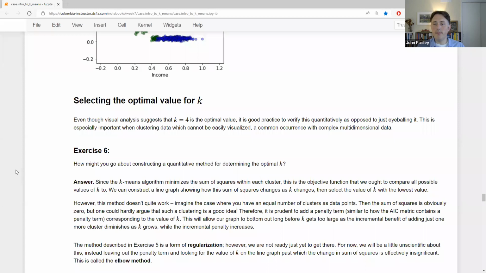But it's hard to do that when the data is multidimensional or complex. For example, if your data is categorical or some other type and you aren't using Euclidean distance, how do you visualize the clustering? So this is kind of a thought experiment plus a method for picking k. How might you go about constructing a quantitative method, meaning you aren't just looking at it with your eye, but you're using numbers to help you pick the best value of k?